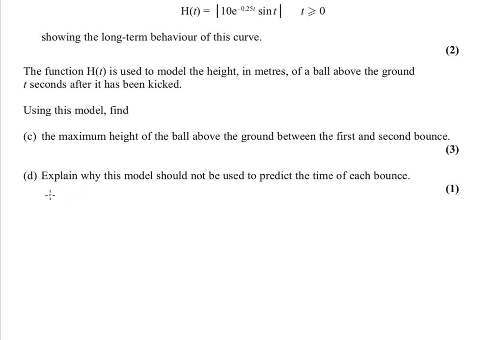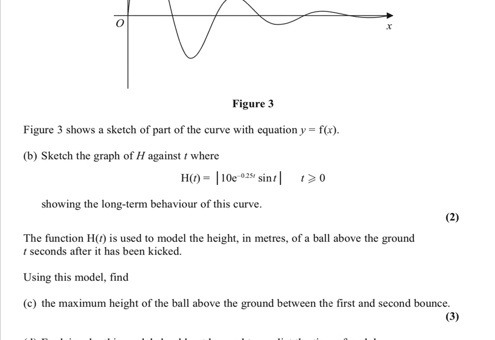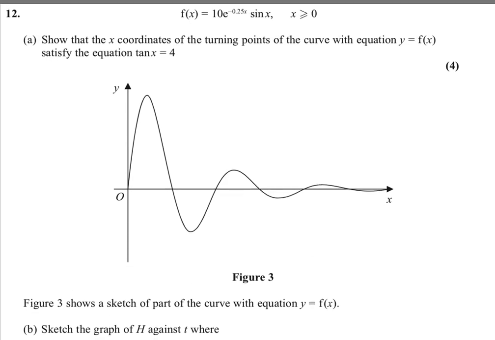Okay, part D is then another one marker, and it says, why should we not use the model to predict the times of each bounce? Why is it okay to predict the heights but not the times? Without having the mark scheme available to us yet, I've got two possible answers that they might be looking for.